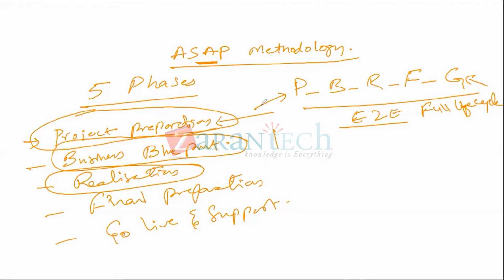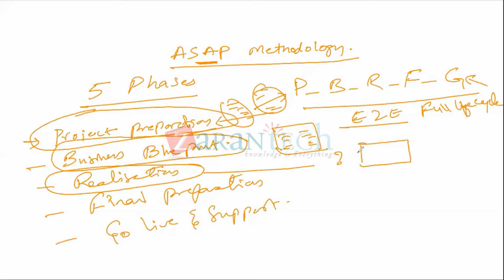Now realization is the realization of the blueprint. You have collected the requirements and documented them in the blueprint form, and now we are realizing it, seeing how well this comes into the SAP system, matching or realizing it.